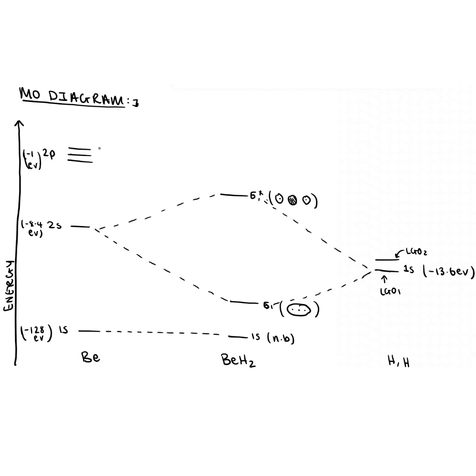We can remember that the 2px and 2py form non-bonding molecular orbitals, so we can easily draw those out in the diagram. And finally, we have to represent the overlap between the beryllium 2pz and LGO2.